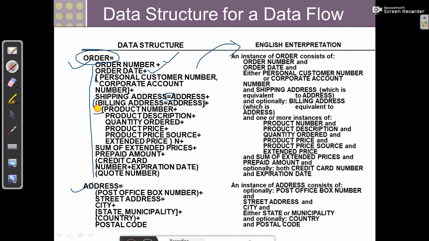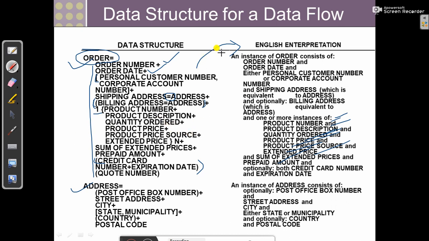And second, in one more instance of product number, product description, quantity ordered, product price, extended price, and sum of extended prices, and prepaid amount. And optionally, here you can see optionally, both credit card number and expiration date. That is another instance going to be included in that order.